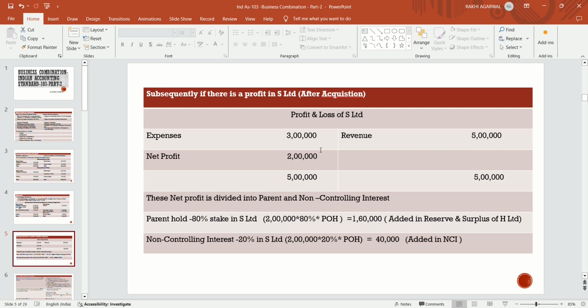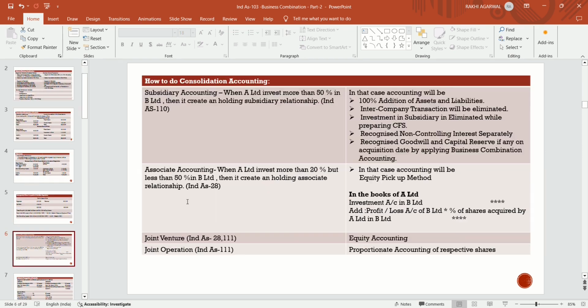So 1,60,000 is to be given to H Limited, so it should be added in the reserves and surplus of H Limited. And the 20% interest is to be given to the non-controlling interest, that is 2 lakhs into 20%, so it becomes 40,000, which is added in the non-controlling interest in the balance sheet.